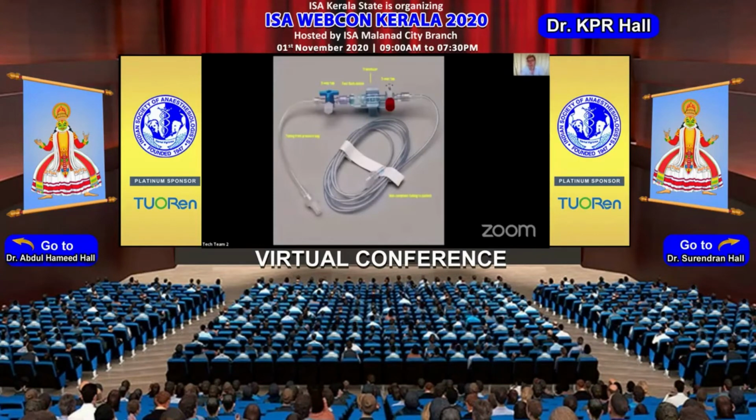And the transducer sits in the middle there, and there's a fast flush device just to the left, which allows you to flush through saline or dextrose or whatever into the artery. The tubing on the left hand side goes into a bag and is pressurized to high enough pressure that it will always be able to overcome the pressure in the arterial system.